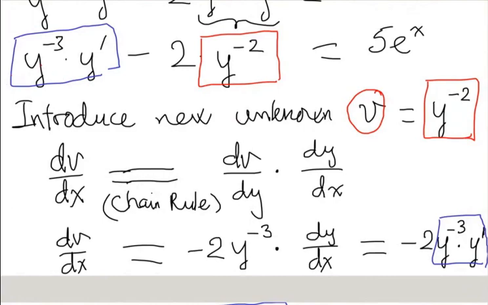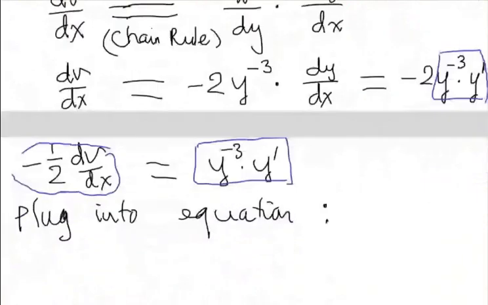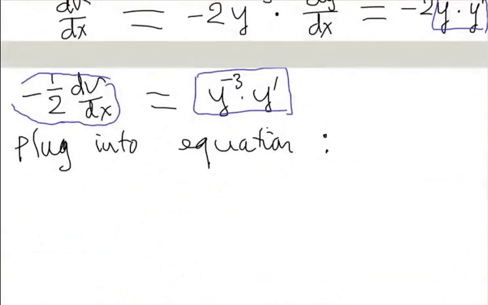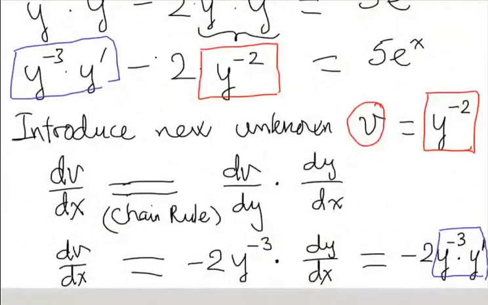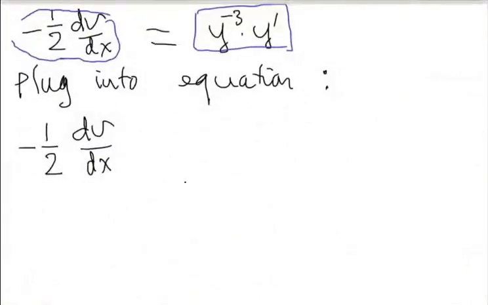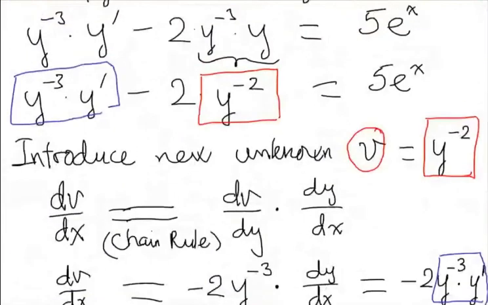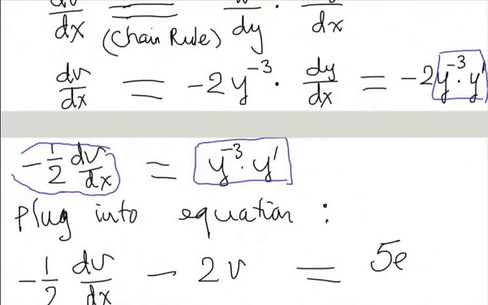First we have y to the negative 3 y prime, which should be replaced by minus a half dv dx. And in the middle, we have minus 2 y to the negative 2, but y to the negative 2 is v, so we get minus 2v. On the right hand side, we don't need to do anything. It's just 5e to the x, which stays the same.